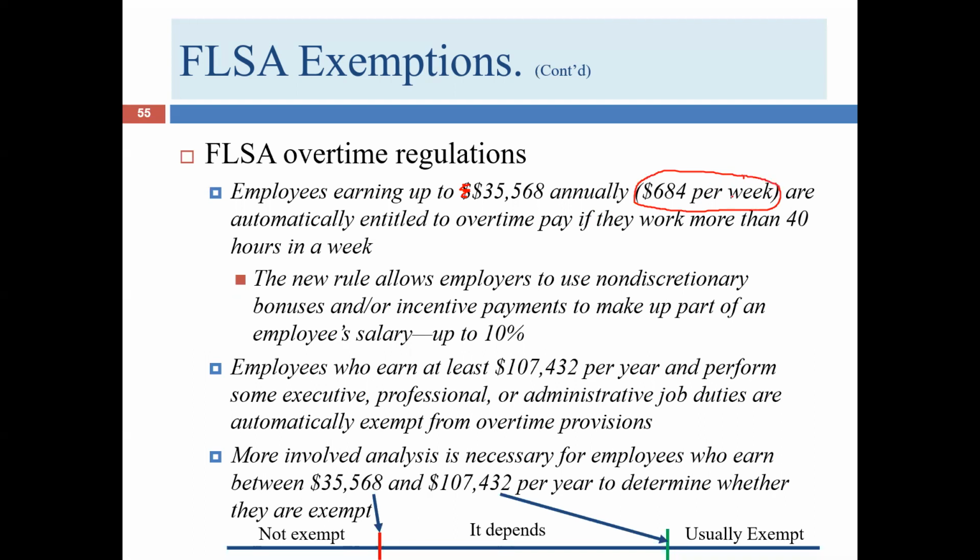You'll see the FLSA focuses upon the unit of the week, not so much the year or the day. And the reason for that, again, is the 40 hours a week is where we look for an overtime payment. So I'm asking you to remember $684 per week. You don't need to know this number. Of course, you can easily calculate it by just multiplying this by 52.